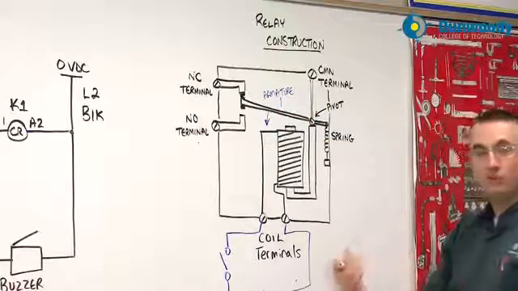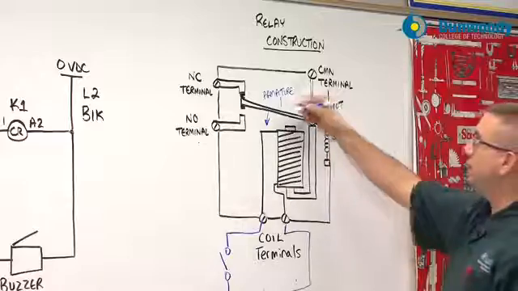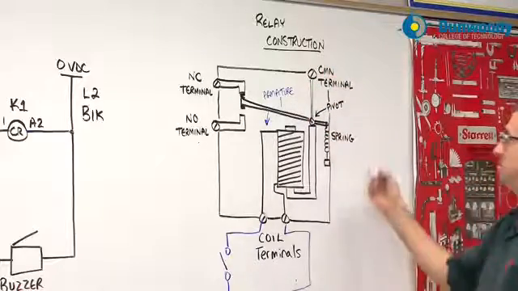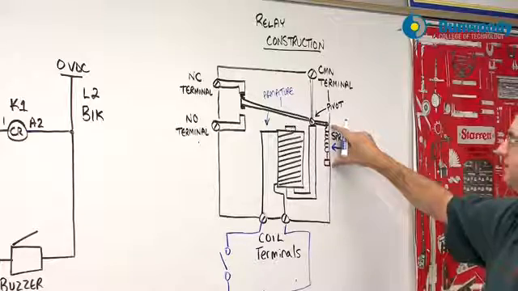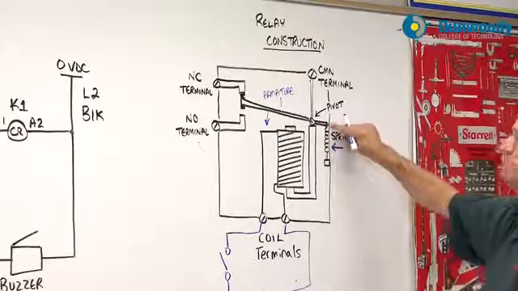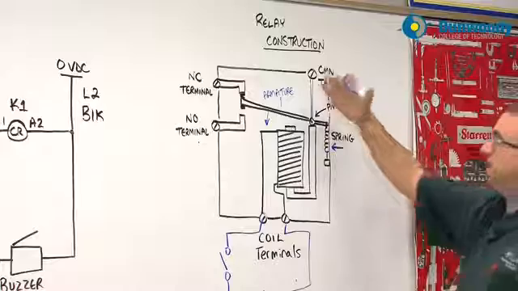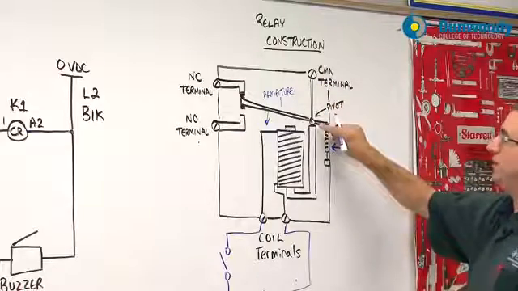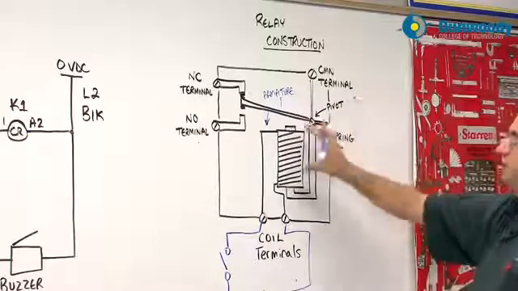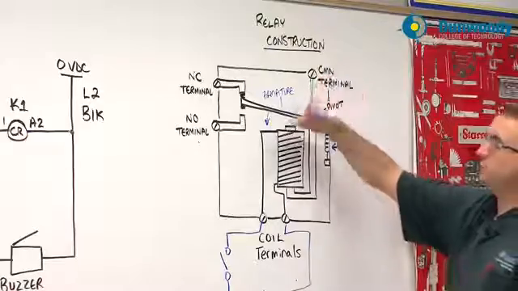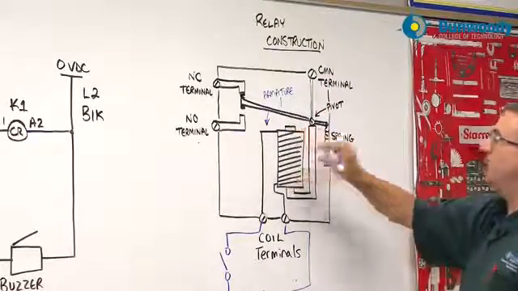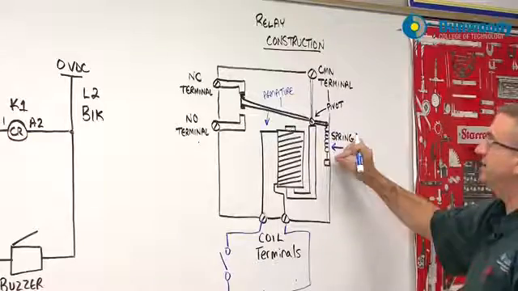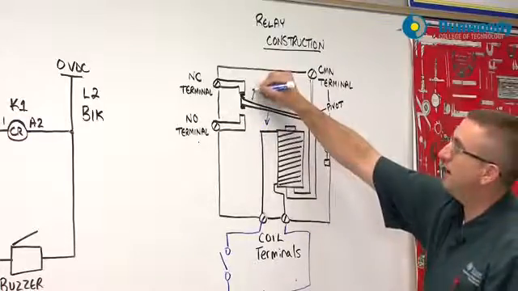And whenever there wasn't current through this coil, the armature would spring back up because of the spring that we see over here. So we can see that this spring is actually attached to the armature itself, and the armature pivots on this pivot point right here. When I energize the coil, the armature is pulled down by the magnet, and when I release power to the coil, the spring is going to pull back on the armature and bring it back up.